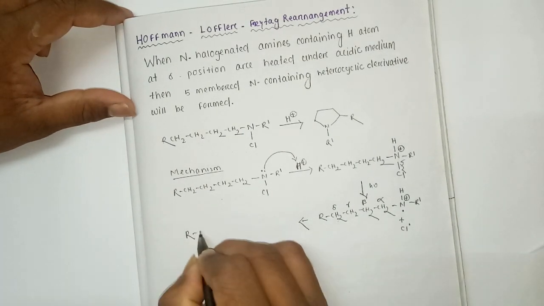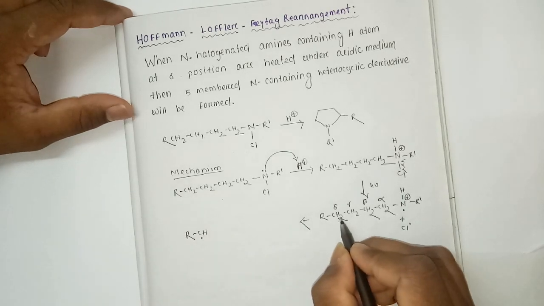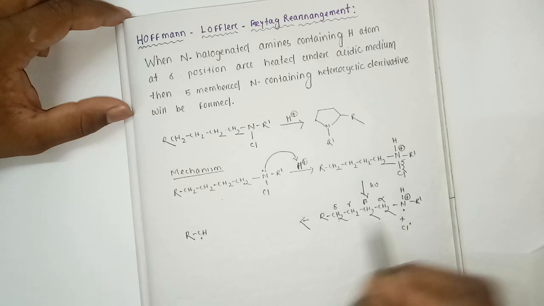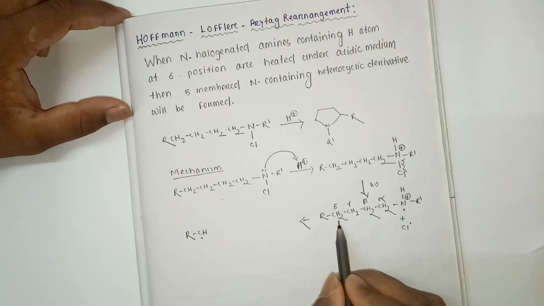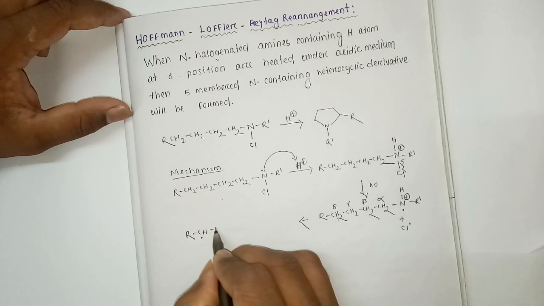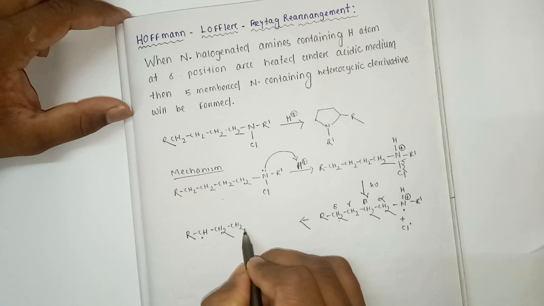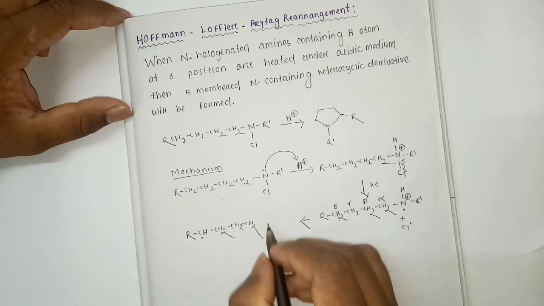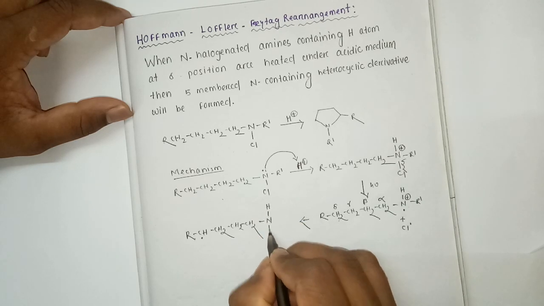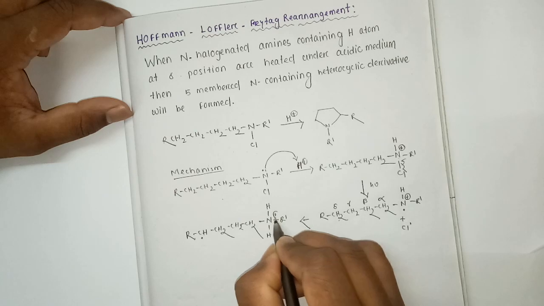One H radical will migrate towards the nitrogen atom. So here we get CH radical, then CH2, CH2, CH2, nitrogen, with hydrogen and hydrogen, the RDS group and the positive charge.